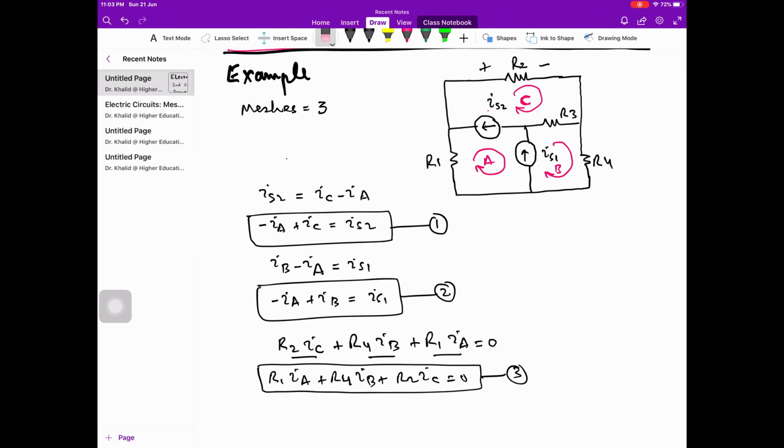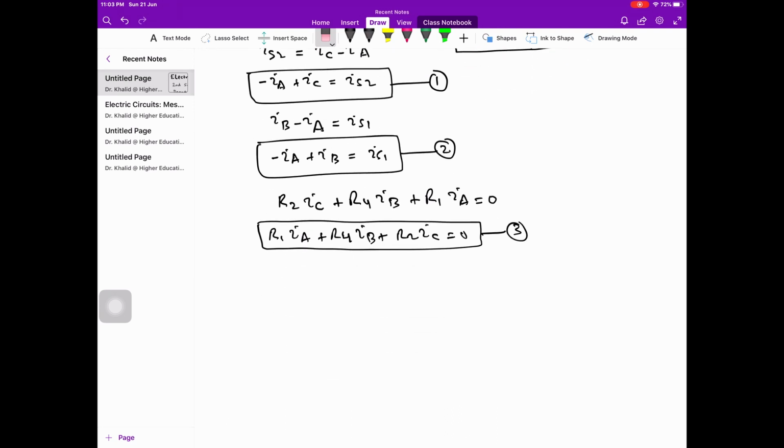Now all these equations can be expressed in matrix form. So this equation over here: minus 1 IA, 0 IB, and 1 IC, 0 for missing elements, is equal to IS2. So if I express it in matrix form, it is over here.